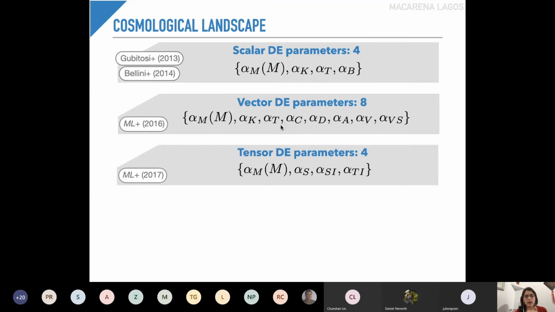One more case that we analyzed was where you had an additional field that was a tensor, so a spin 2 field. In this case, you're going to have 2 spin 2 fields, the actual metric and this additional tensor dark energy field.